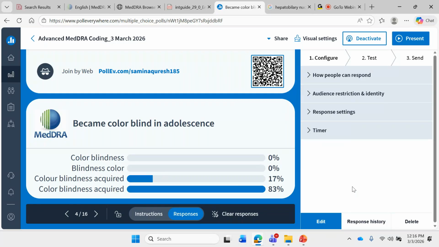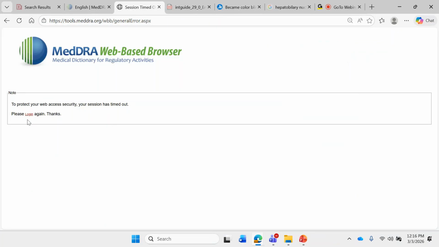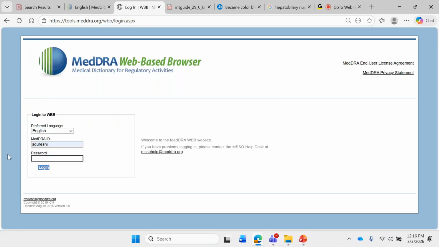Okay, so I'm happy to see that; the only distinction is, now we have 2% saying color blindness. Okay, so why wouldn't I choose color blindness, and why are some 80% of people doing the acquired? Let's go to our browser, and I want you to see how, when I say go to the browser to look at the hierarchy, why that's important.